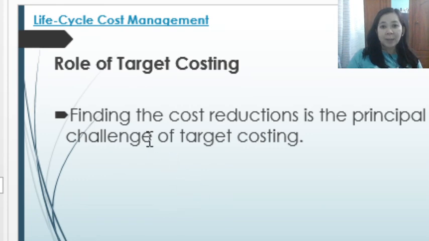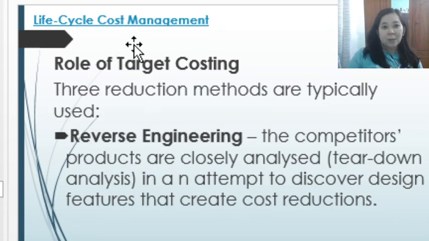So finding the cost reduction is the principal challenge for this target costing approach. Normally there are three reduction methods that are being used. The first is reverse engineering. Here, the competitors' products are closely analyzed. They tear down the product in an attempt to discover the design features that create cost reduction.